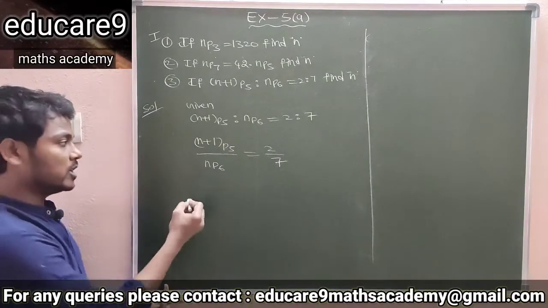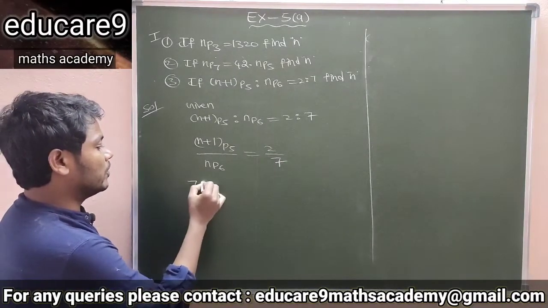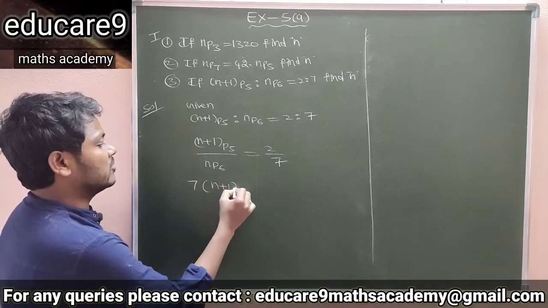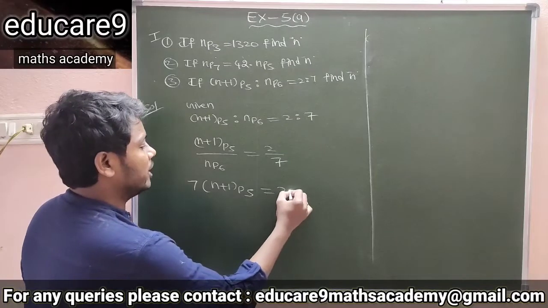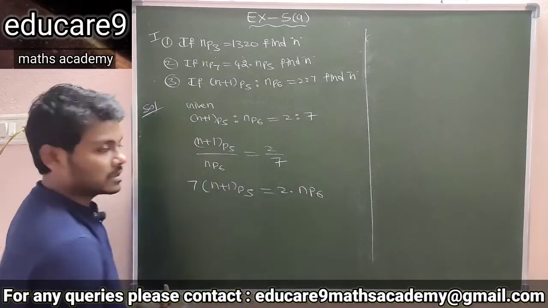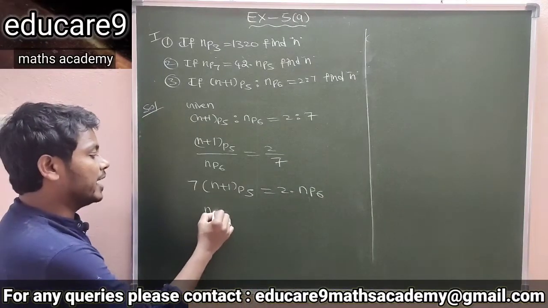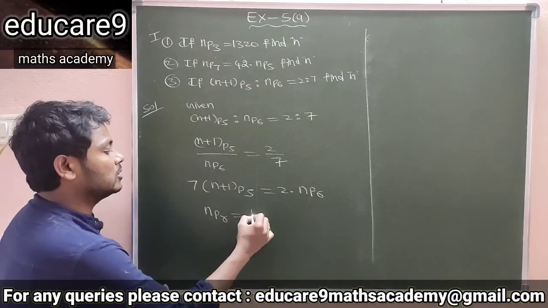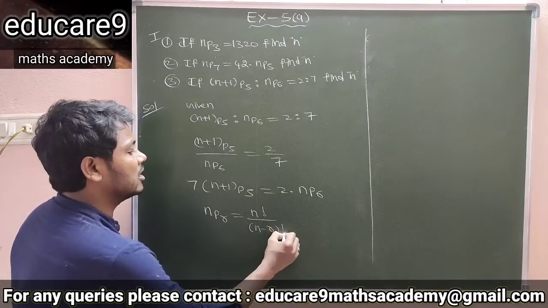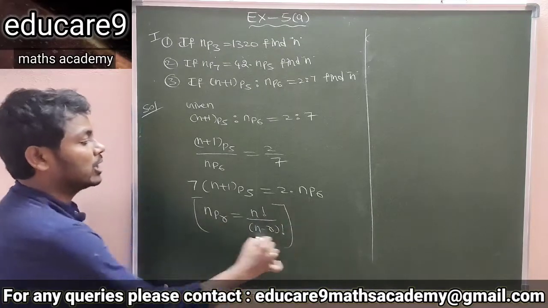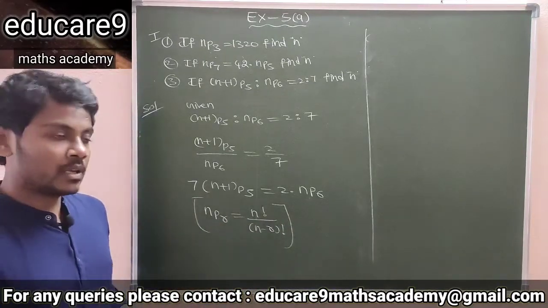Now cross multiplication: 7 into (n plus 1)P5 is equal to 2 into nP6. Here we have to apply the nPr formula. What is that formula? n factorial by (n minus r) factorial. We have to apply this formula here.